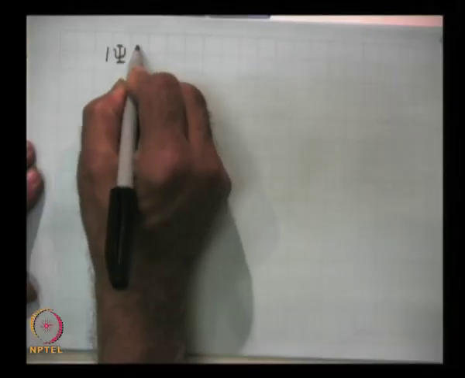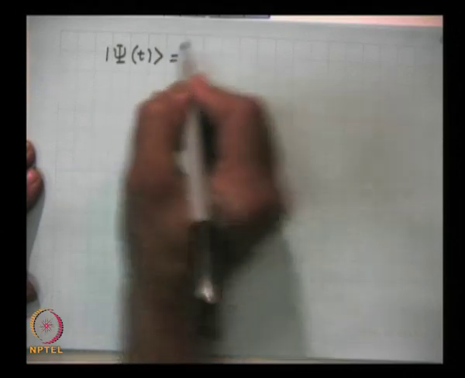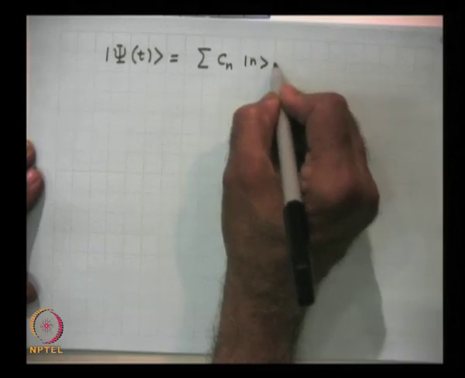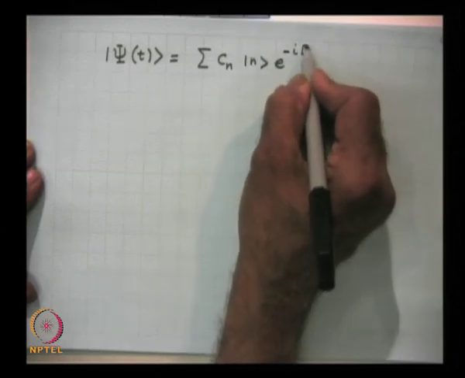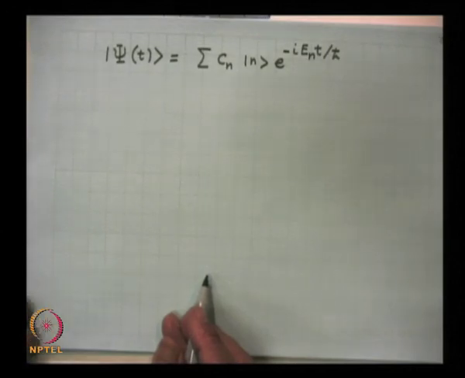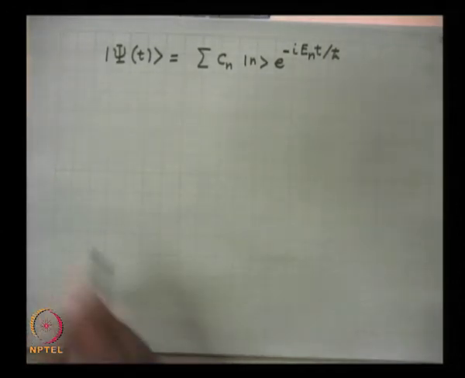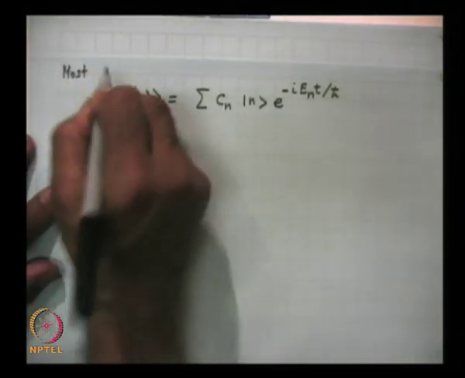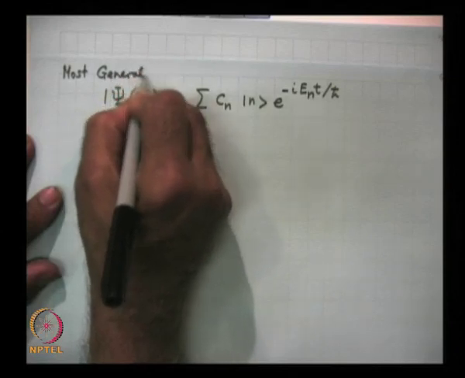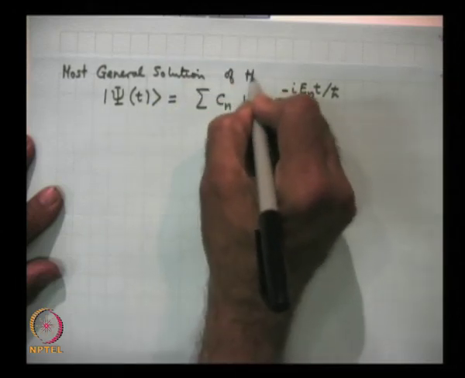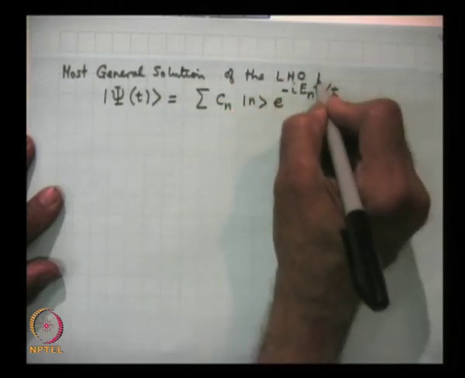Therefore, psi of t will be equal to summation C n ket n e to the power of minus E n t by h cross, just as we did while solving the Schrodinger equation. So, this is the most general solution of the linear harmonic oscillator problem.